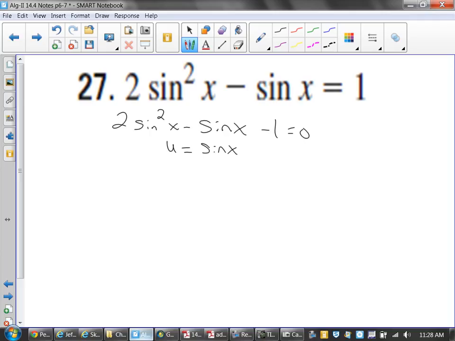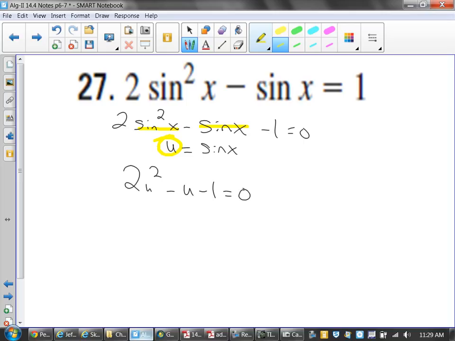So what I'm doing here is everywhere I see a sine of x, I'm going to replace it with u. So I get this: 2u squared minus u minus 1 is 0. Now it looks something a little bit easier to work with.